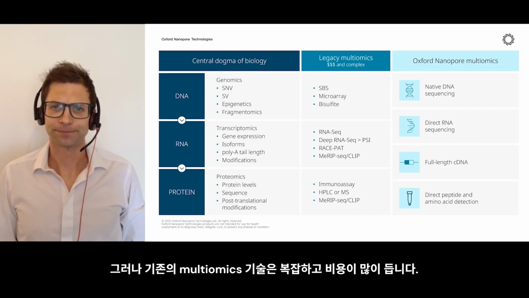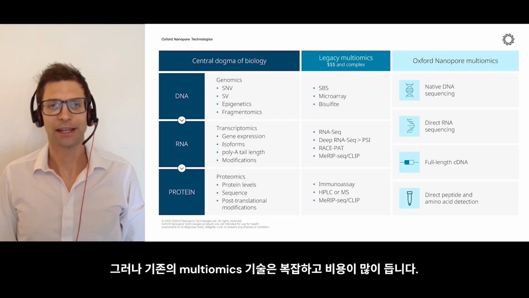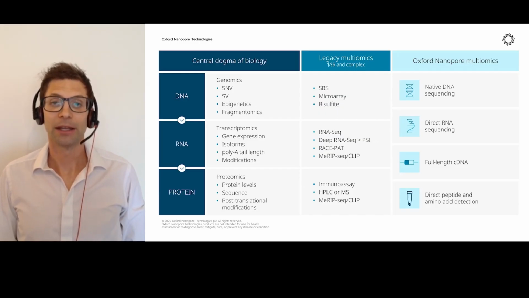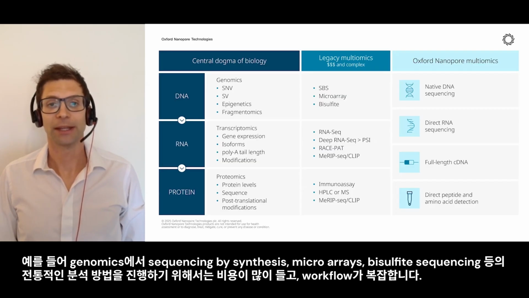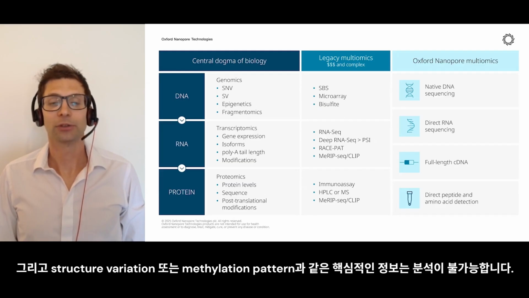But here's a problem. Legacy multi-omic technologies can be complex and cost prohibitive. In genomics, traditional methods like sequencing by synthesis, microarrays, and bisulfite sequencing are often expensive, require complicated workflows, and still fail to capture critical details like structural variants or all methylation patterns.